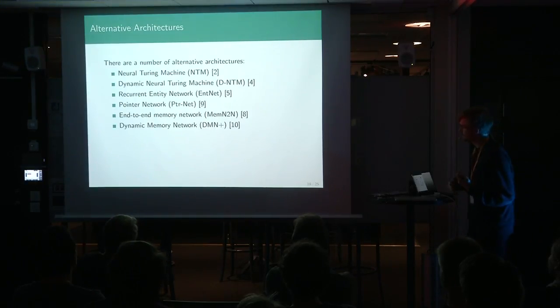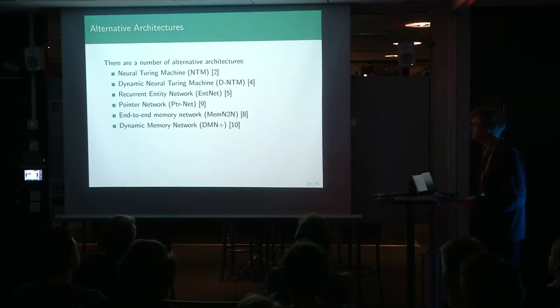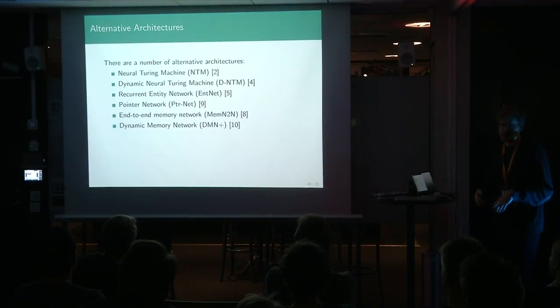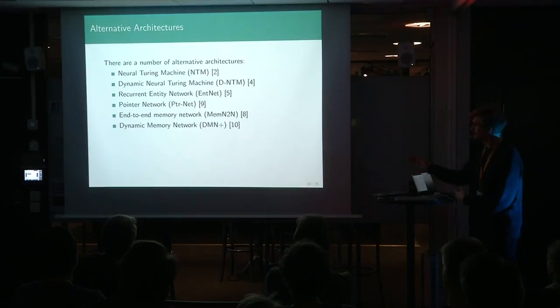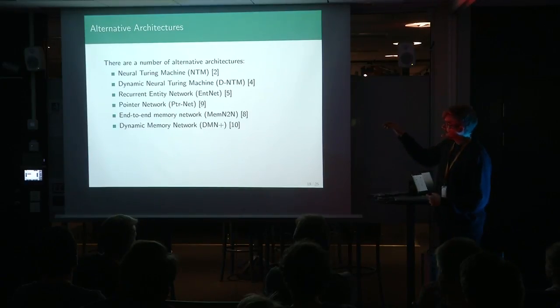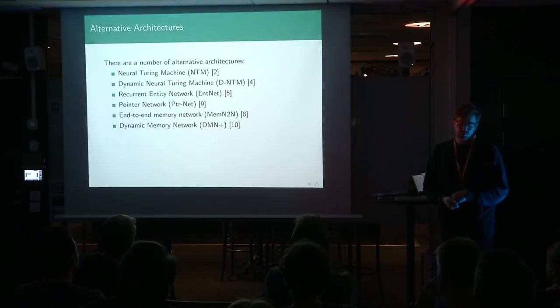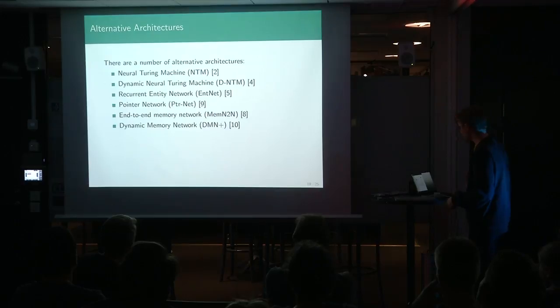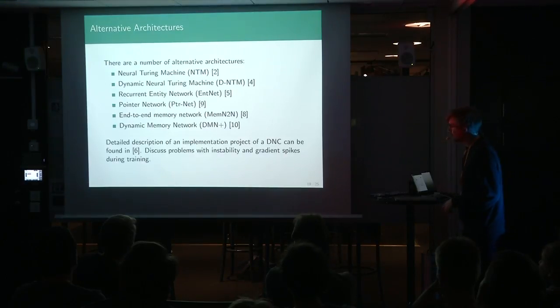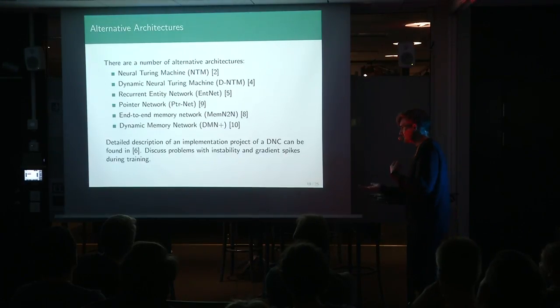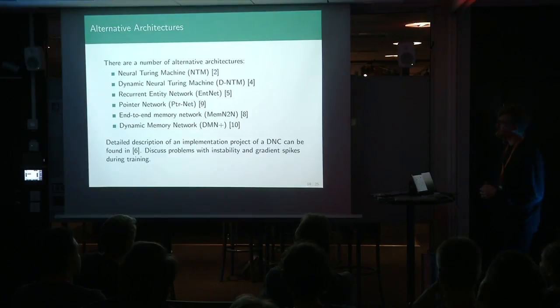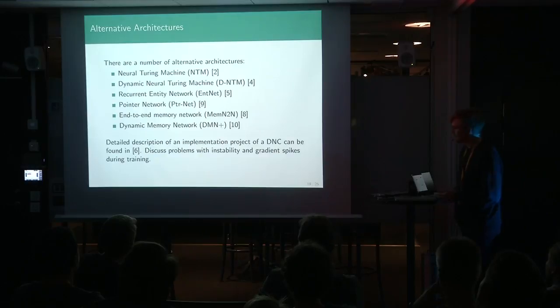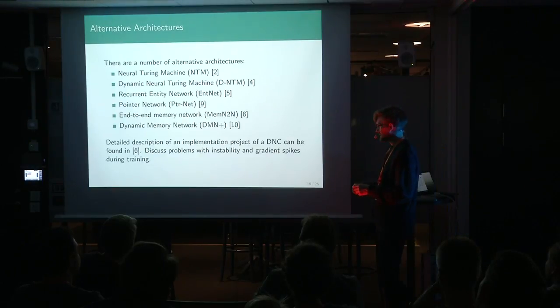So then I just wanted to say something about similar architectures. Since the neural Turing machine was introduced, a number of other architectures have been introduced as well. And there's also a description of an implementation of a DNC that's quite interesting to read.